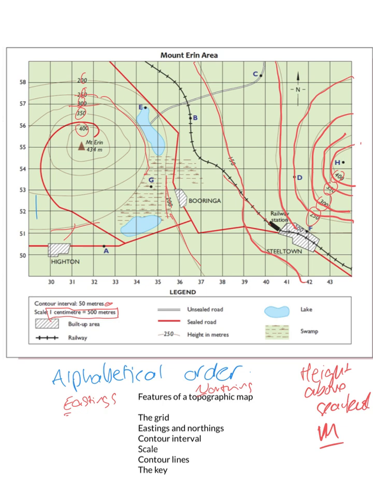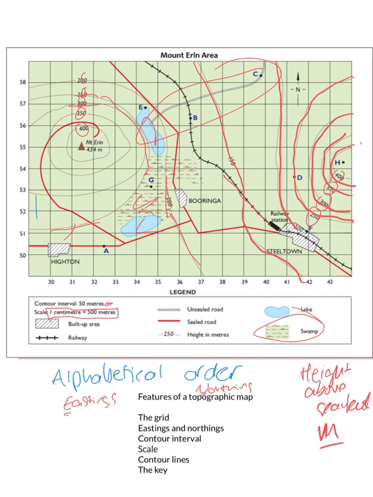Also pay attention to the key. The swamp is over here, the lakes are there, the unsealed roads are along here, and the sealed roads are all the red lines. Height in meters, we've given you that. Built up areas, railway. So always have a look at that.